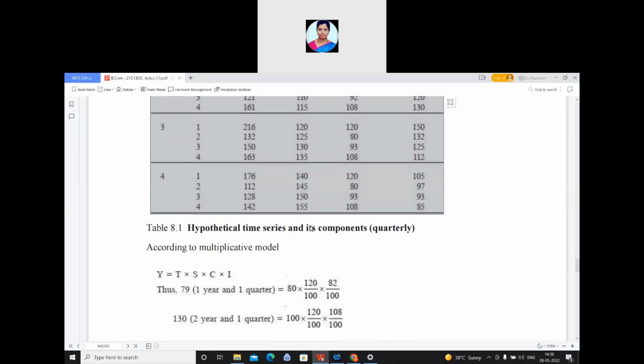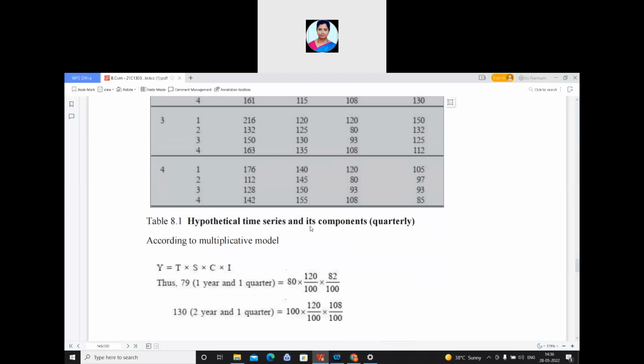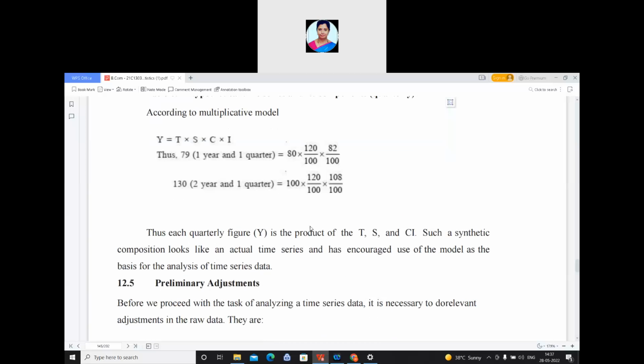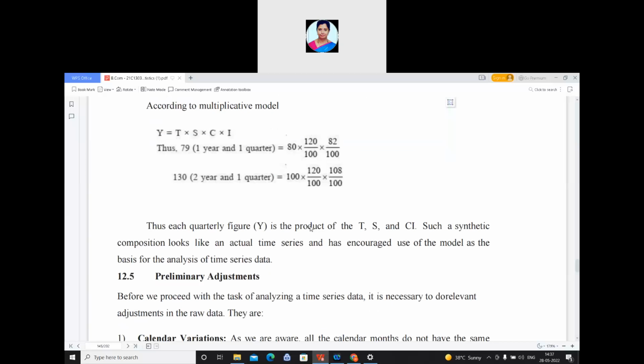So we have 100 into 120 by 100 into 108 by 100. Likewise, we can have this for each figure. So each quarterly figure Y is the product of T, S and C, I. Such a synthetic composition looks like an actual time series and has encouraged the use of the model as a basis for analysis of time series data.